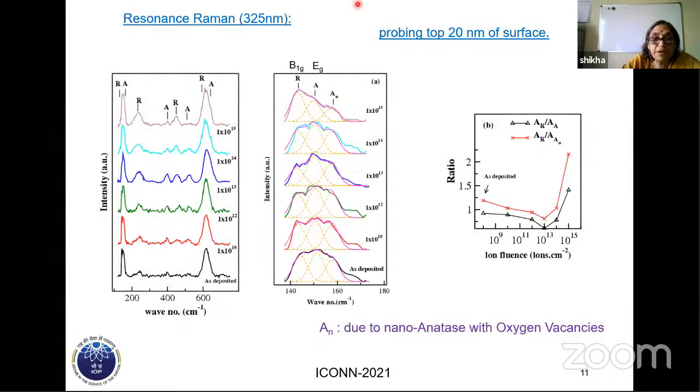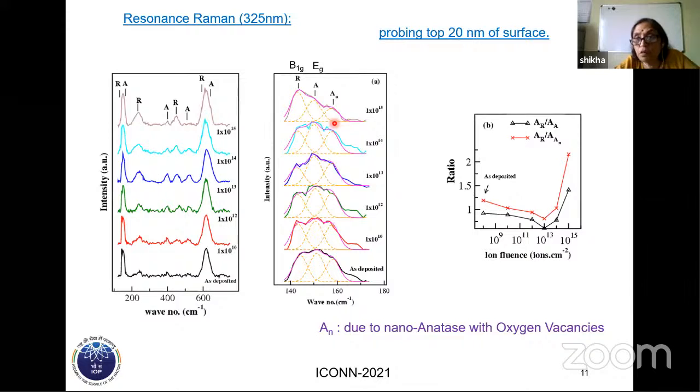So these are the Raman experiments. This also shows a similar thing. Although there are both anatase and rutile at various fluences, if we blow up this small region and see, this is the rutile feature, this is the anatase, and this is one feature which is coming due to nano anatase or from oxygen vacancies.